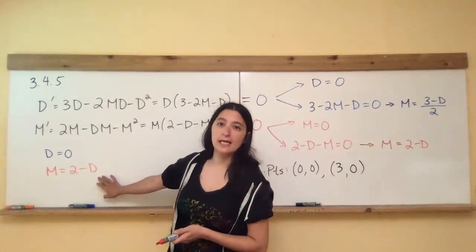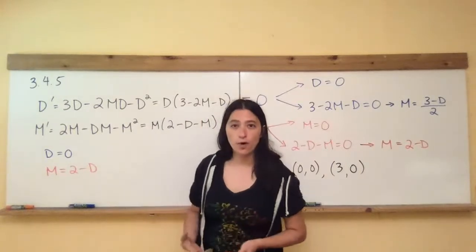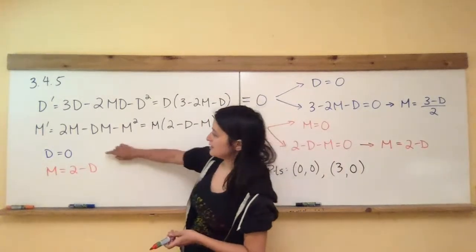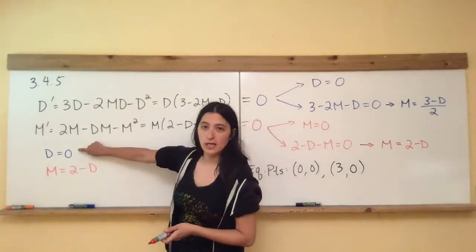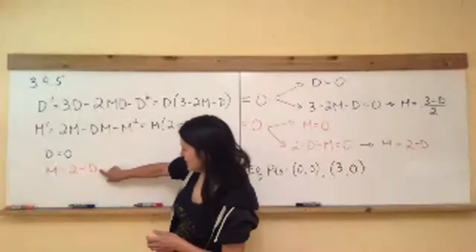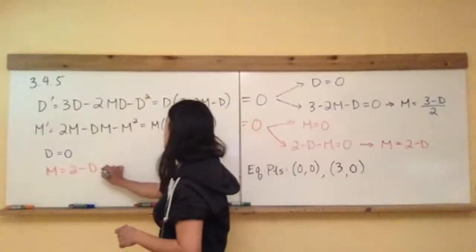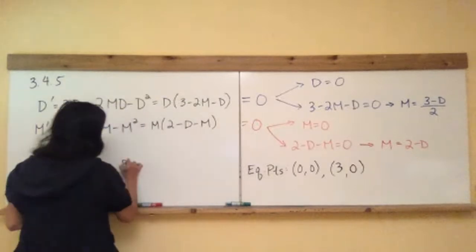And once again, in order to solve these two things simultaneously, one way to do that is to take the assumption from one equation and plug it directly into the second equation. Assumption that D is equal to 0 right into that equation there. And so I'll just write that on the board.